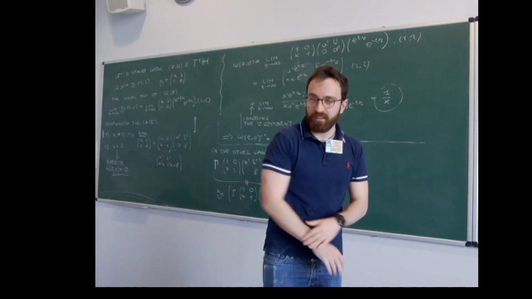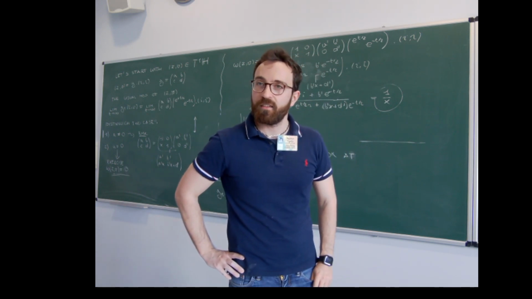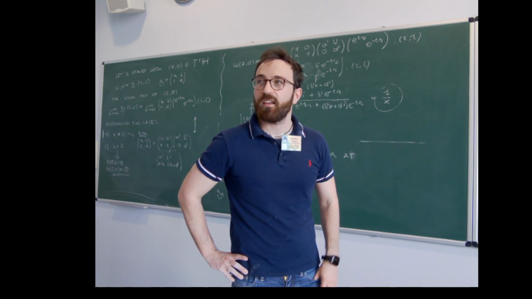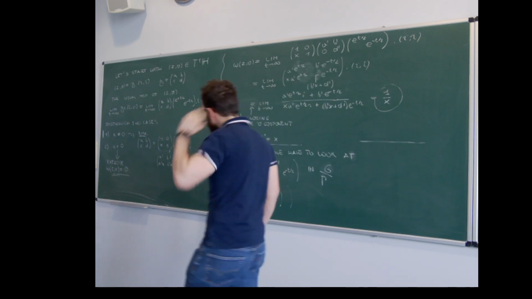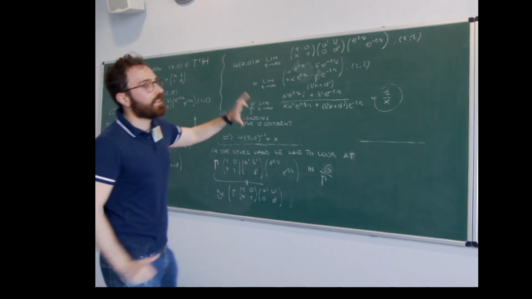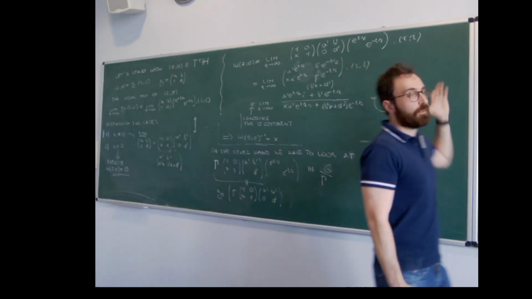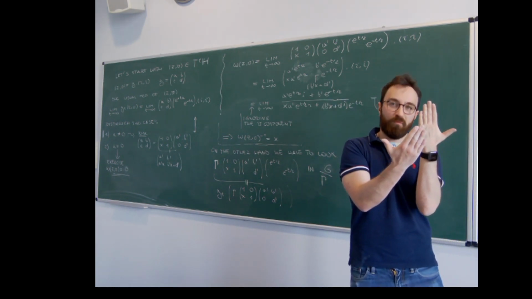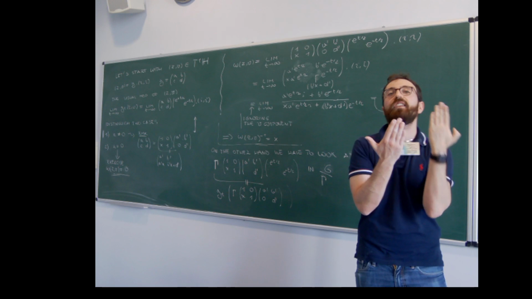Yes? Are there any similar results if you consider not PSL2Z but some other Fuchsian group with lattice? So I don't know if it has an application to number theory, because Diophantine approximation is directly linked to the space of lattices in R2, and the stabilizer of a lattice is PSL2Z.